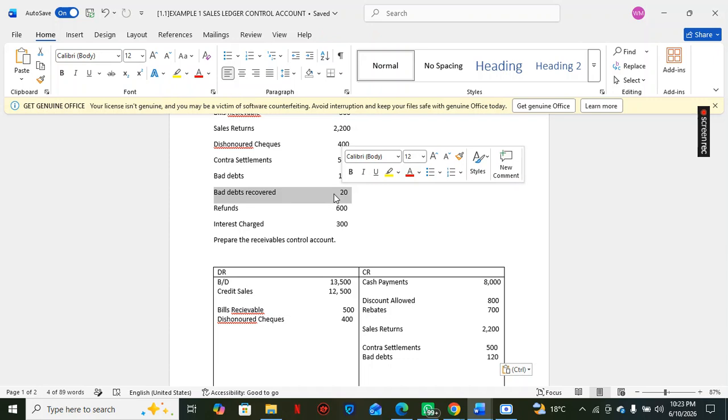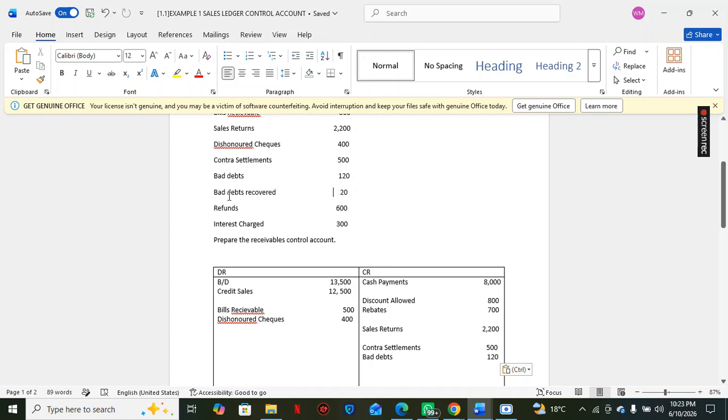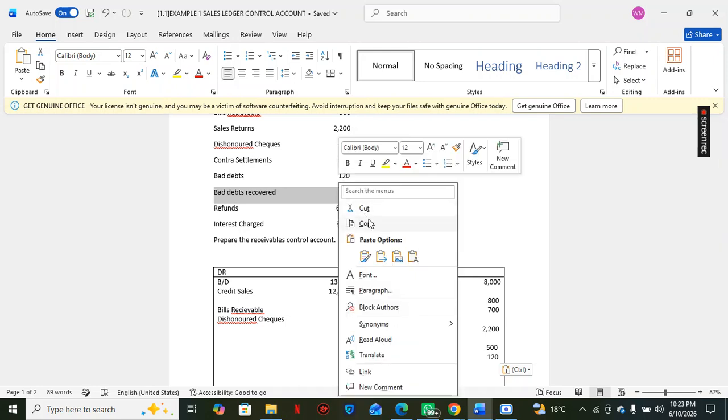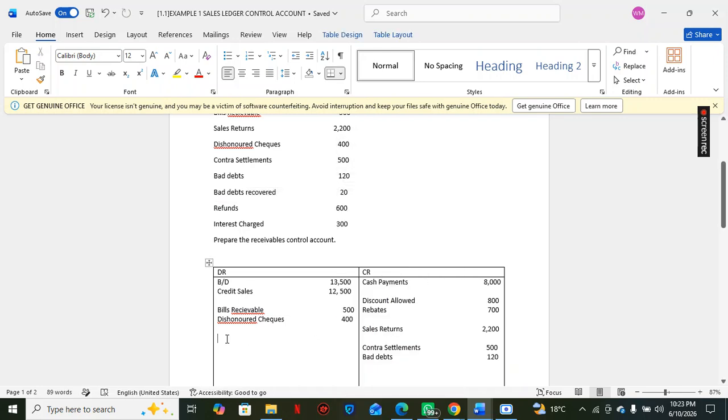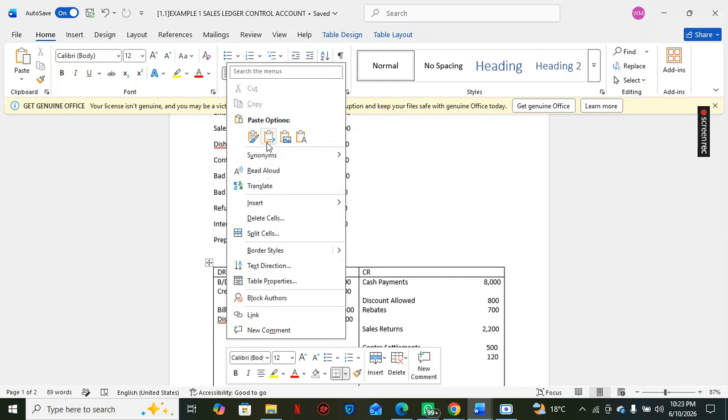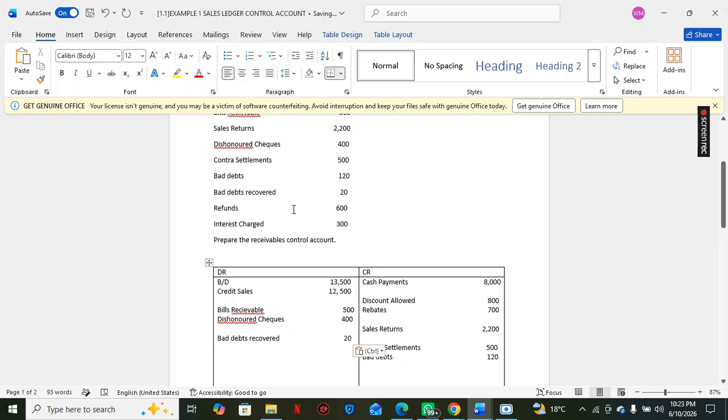So it means what is being owed to you increases now because these bad debts have been recovered. Okay. So it's just the opposite of bad debts here. Bad debts go on the credit, bad debts recovered go on the debit side. So what is being owed is still there now.